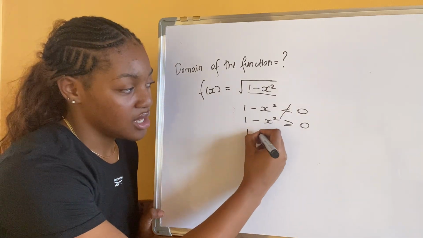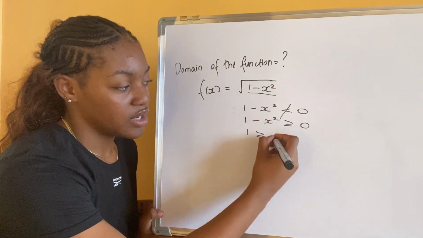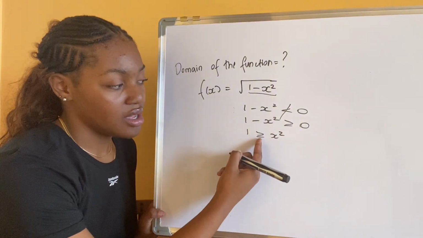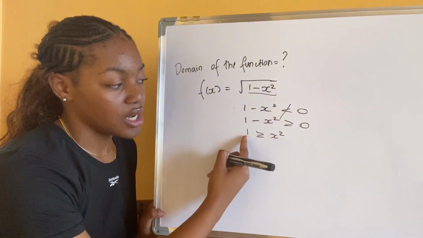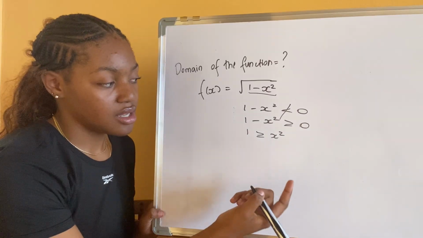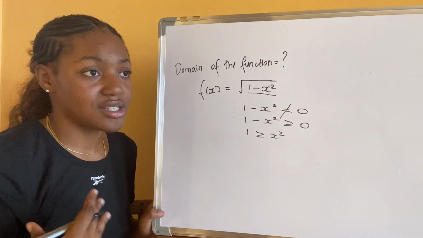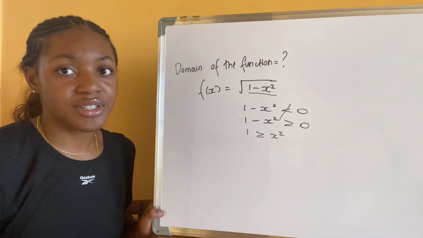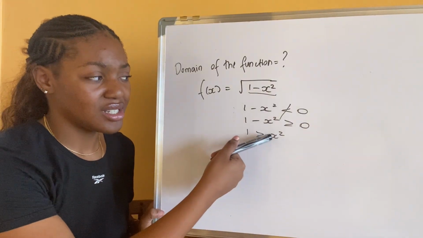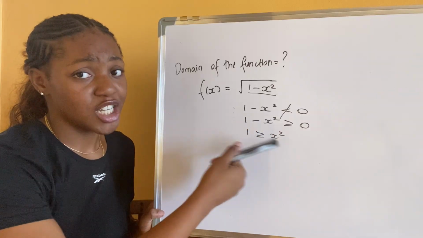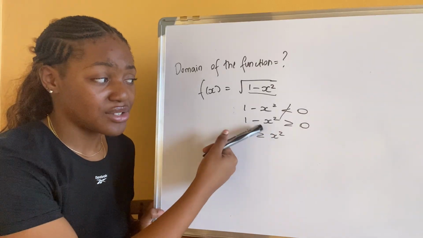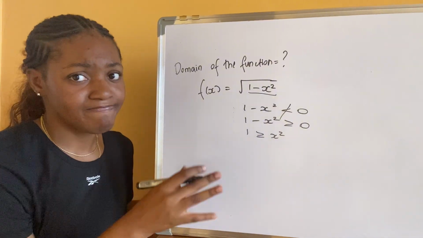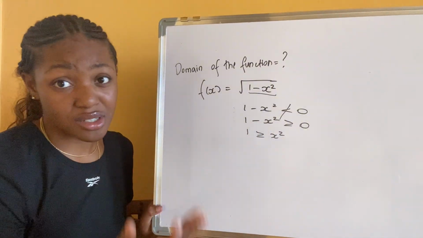So I'm gonna bring the x squared over to the other side to make it positive. So we have x squared is less than or equal to 1. And I'm gonna solve this. In order to help me solve this inequality, I'm gonna find the critical points. Since this is a quadratic expression, I can find the critical points where the quadratic is equal to 0.